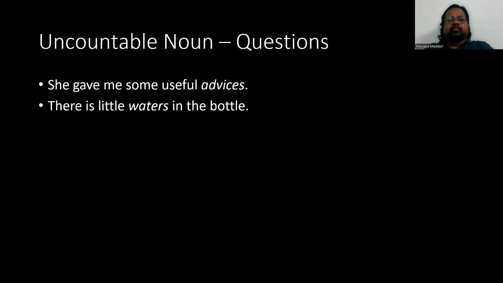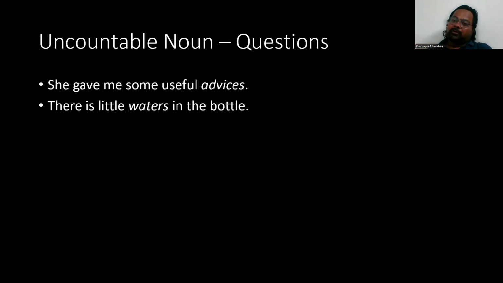Let us see. What is the difference between there is a little water in the bottle and there is little water in the bottle? Just an article. If you add a, there is a little water in the bottle, that means there is some water in the bottle. But if you say there is little water in the bottle, that means there is no water.